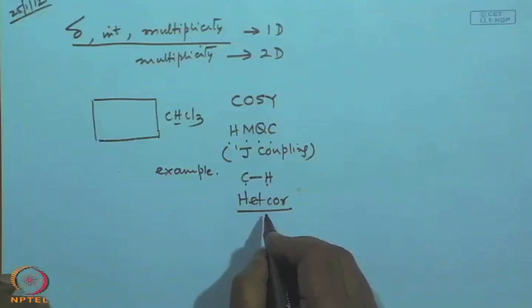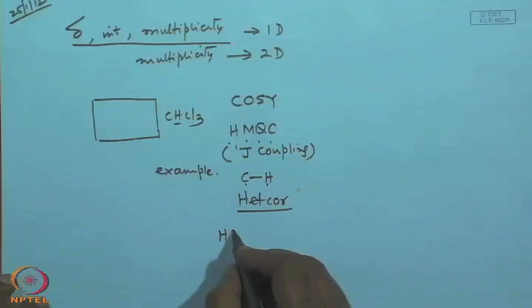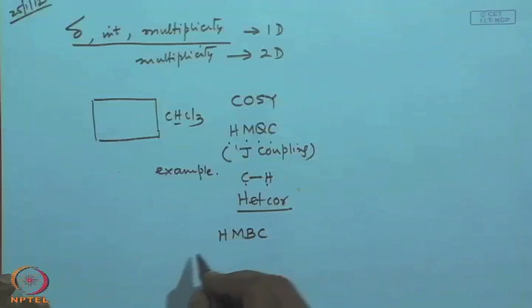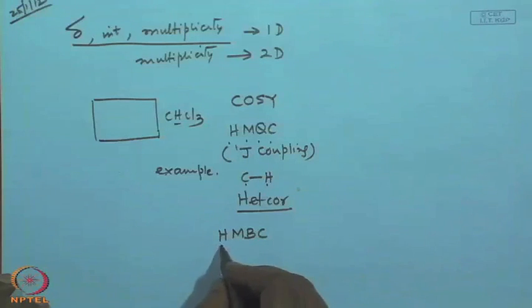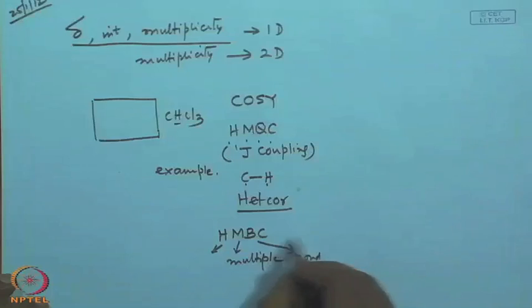Then one more important kind of 2D technique, one of the very useful ones, is HMBC. HMBC is again heteronuclear, and M stands for multiple, B stands for bond, and correlation.